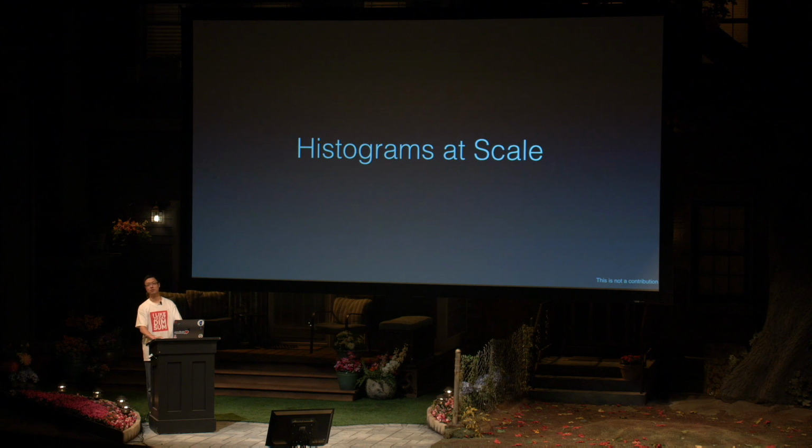What I'd like to spend some time talking to you about, though, is histograms at scale. So now you have a way of configuring histograms. The next challenge you face is you realize, oh, maybe I actually need a lot of buckets to achieve the kind of accuracy that I want. But you realize that you might have a scale problem.